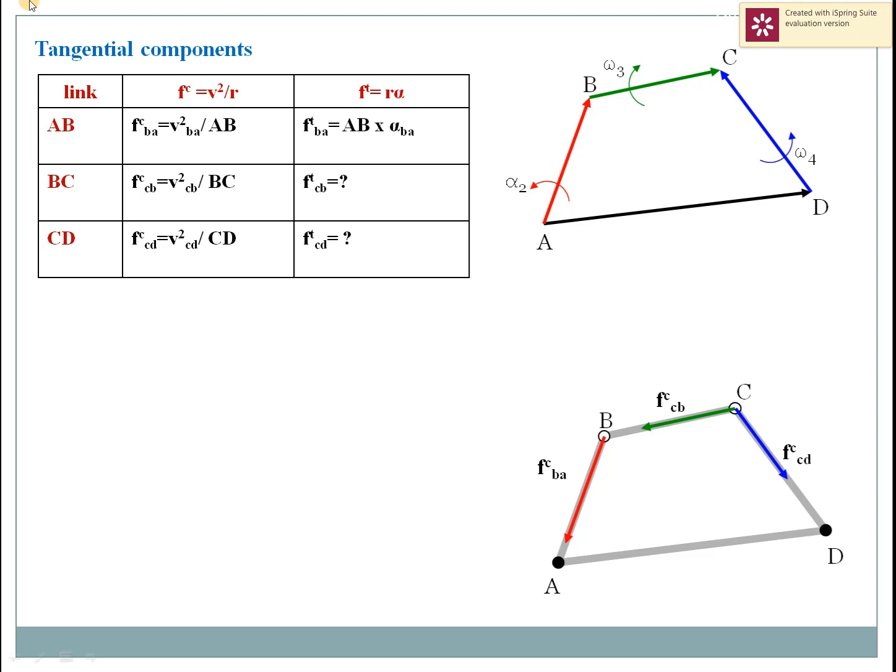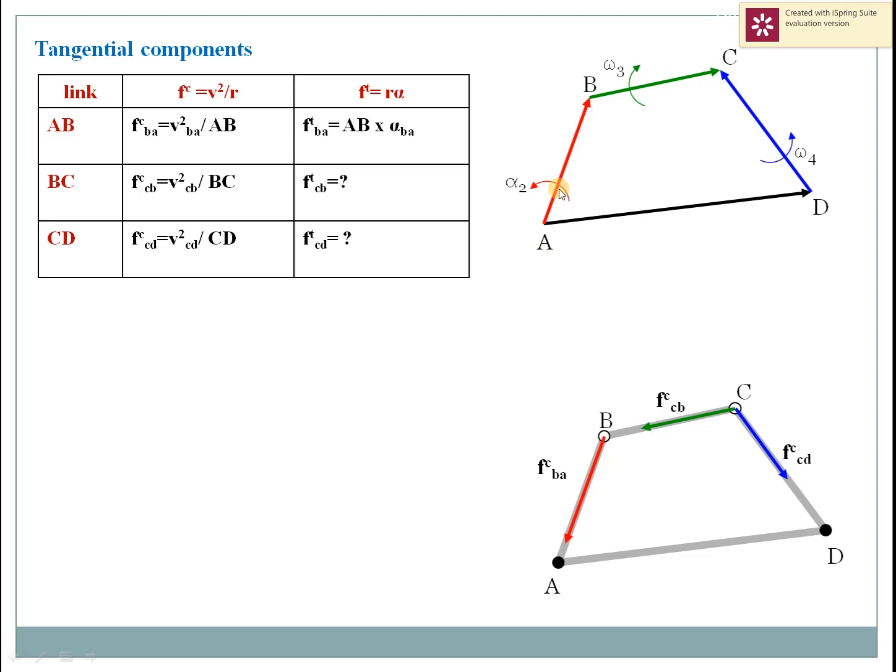Now for tangential components, we have the magnitude of the tangential component of B relative to A only for link AB. So we have the length of this vector only. FTBA is perpendicular to the radius of rotation AB or link AB, and it is pointing in the direction of alpha. Alpha is given as counterclockwise.